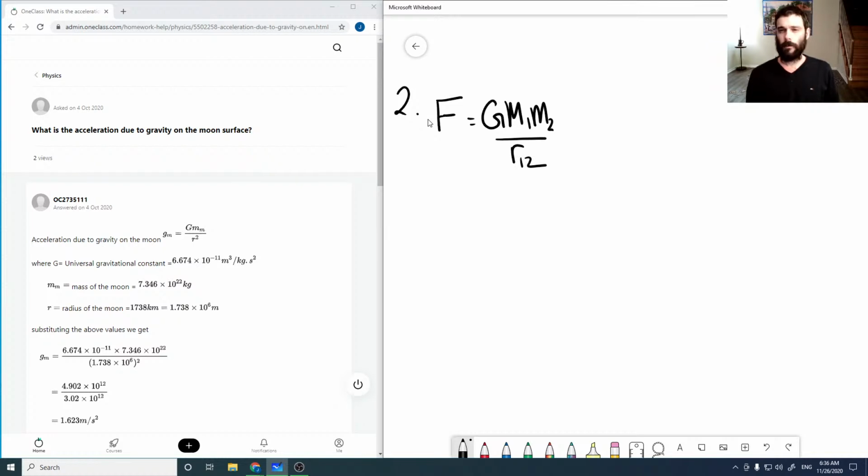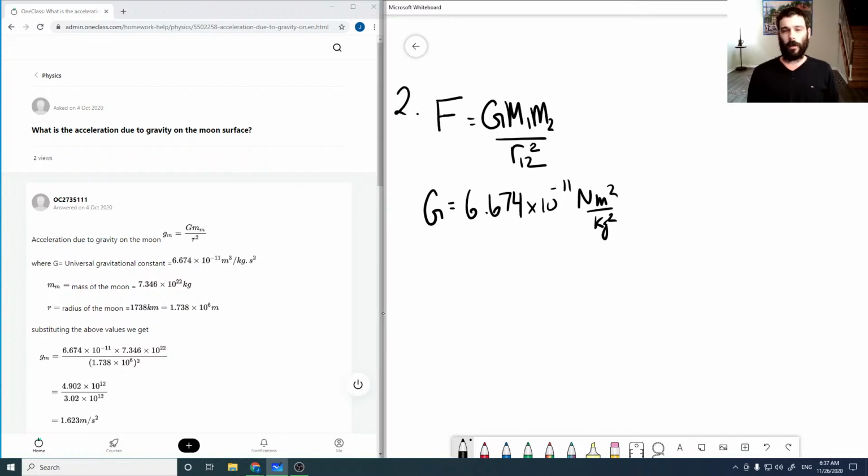So in this case, well, for all cases, the gravitational constant G is 6.674 times 10 to the minus 11 newton, and that should be squared, sorry, meters squared per kilogram squared.